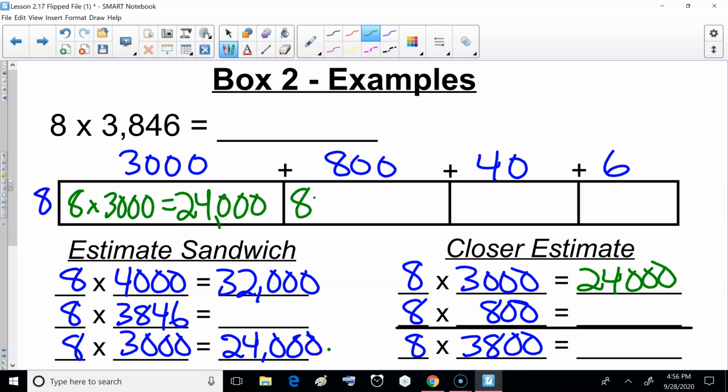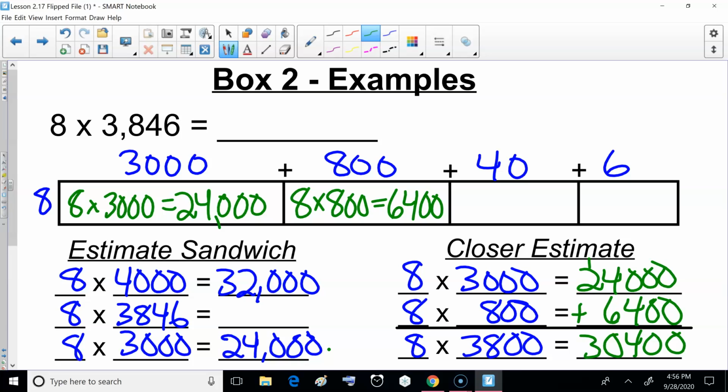The next is 8 times 800. So 8 times 8 is 64. So 64 times 100 would be 6,400. So you put 6,400 here, and then we're going to add those two numbers together. 0, 0, 4, 0, carry the 1, 3. So an even closer estimate would be 30,400.